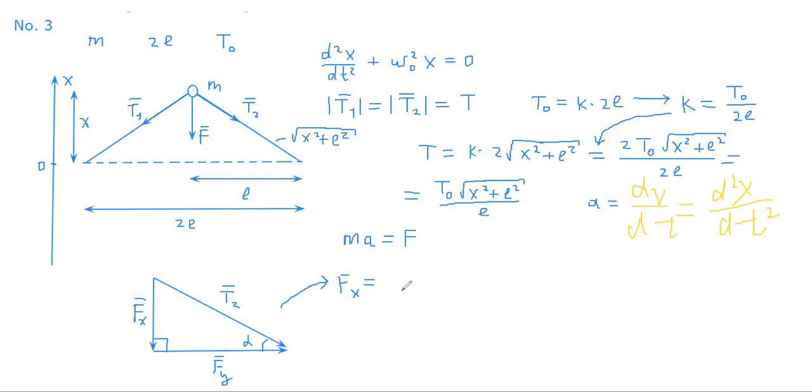So Fx is equal to the modulus of T2 multiplied by sinus of alpha. So this is T multiplied by sinus of alpha.